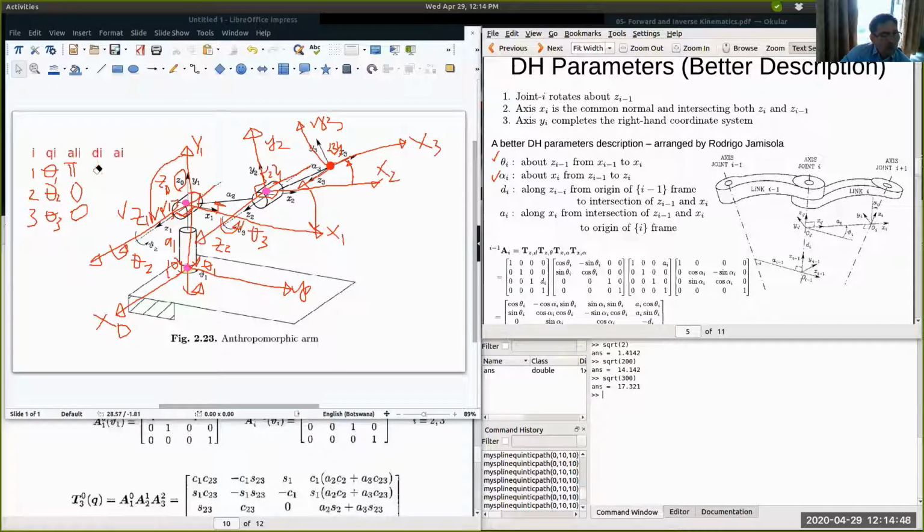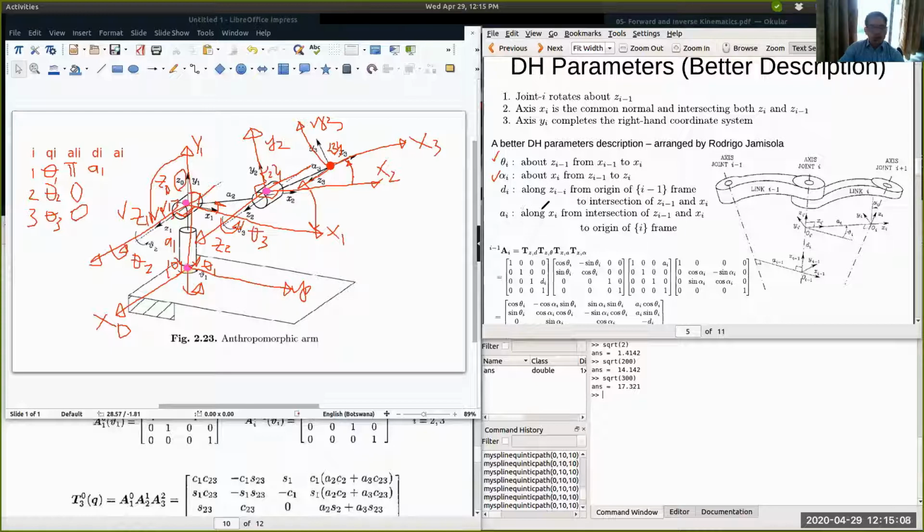All the distances, we assign to be A. But luckily, there's no D. Is it better? Okay, let's just say A1.